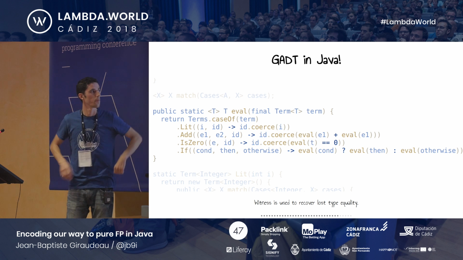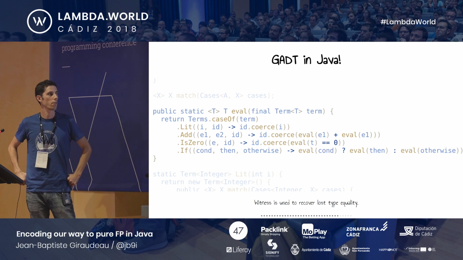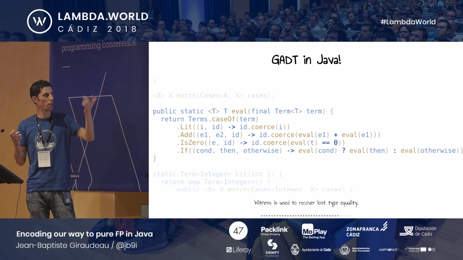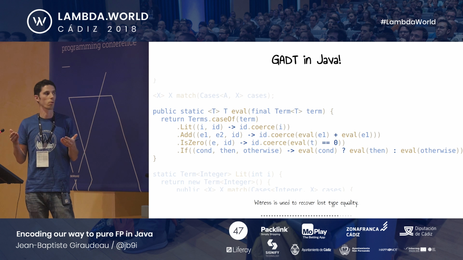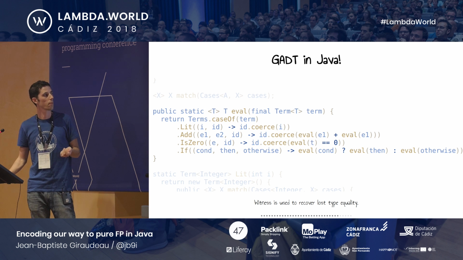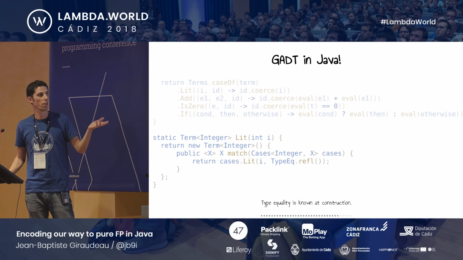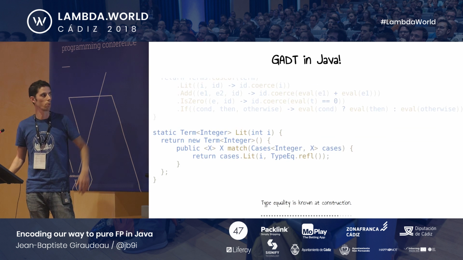So here, the TypeEq instance allows you to get back the equality between the type variable T and the concrete type Boolean or integer. It's a bit more work, but it's worth it if you want to have richer DSLs in Java. And it's also supported by Derive4J, which will generate all the constructors for you.